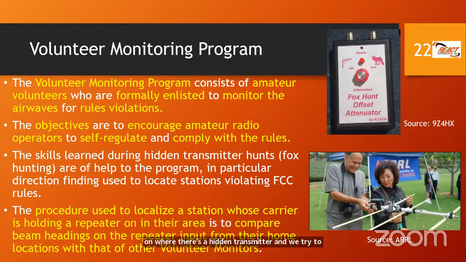And it's part of the hobby as well, part of the fun, but it will also be very serious as part of a person who was operating or participating in the volunteer monitoring program. And there is an exam question in relation to a volunteer monitor or someone who may be using this direction finding type equipment to locate a transmitter, someone who may be inadvertently keying up a repeater.